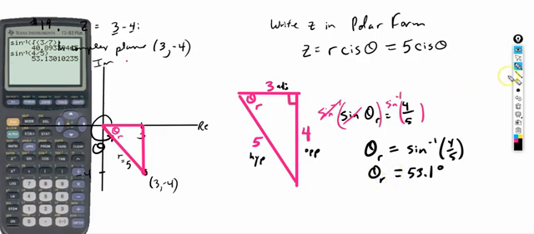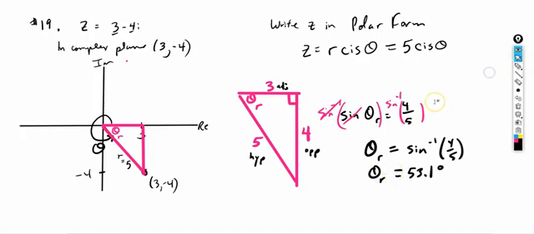Okay, so now I'm going to take my calculator away. But I need theta. I don't need my reference angle for this. In polar form, I need theta. And as you can see here, a full revolution is 360. So we go a full revolution around and we subtract out our reference angle to get theta.